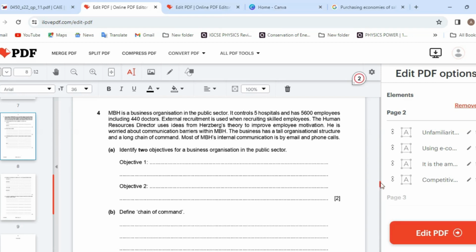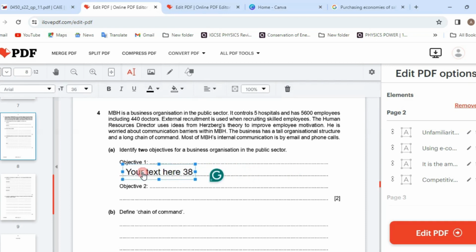Question 4A says, identify two objectives for a business organization in the public sector. Here we are talking about public sector, not private sector. For the public sector, of course, they will make products or services affordable to all.